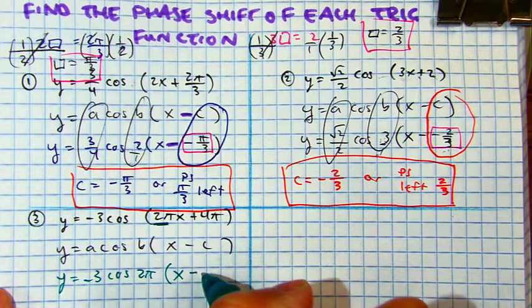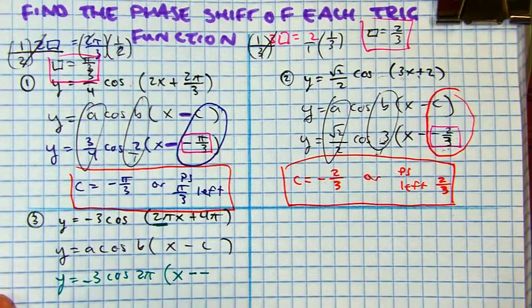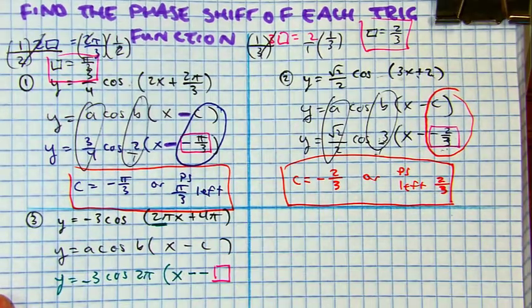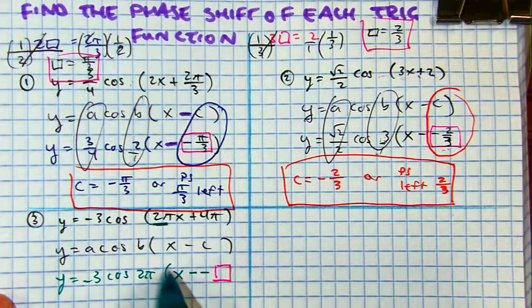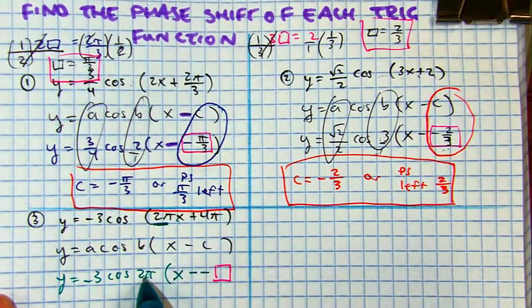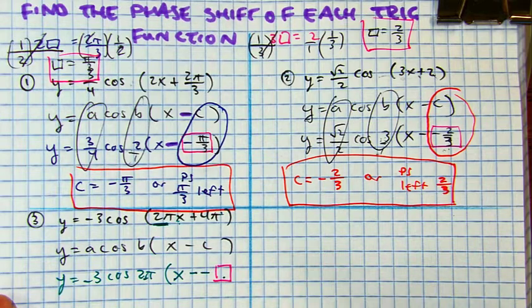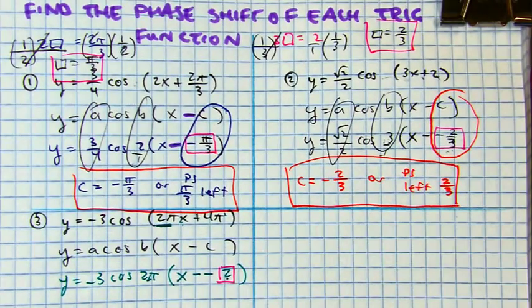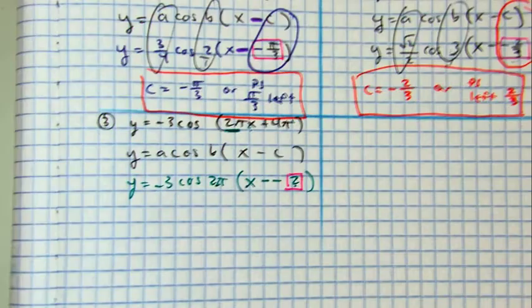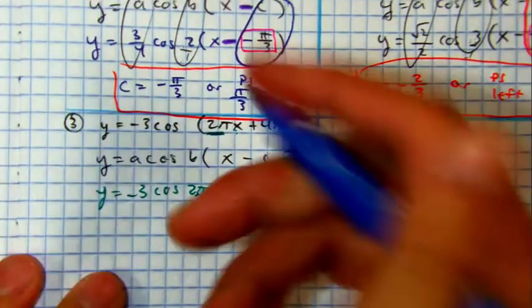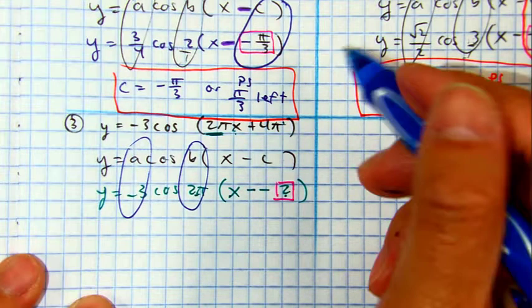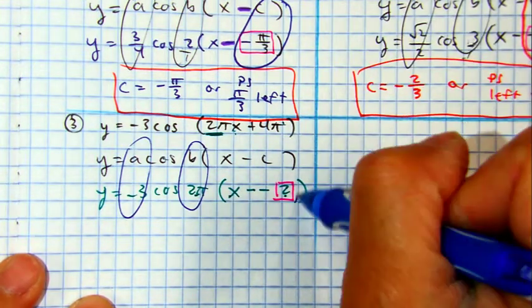Minus, minus. If you need to, you can do this little box thing again. This one should be a little bit easier. 2 pi times x is 2 pi x. 2 pi times this equals 4 pi. What goes there, class? 2. And then you can just identify your letters. A is negative 3, B is 2 pi, and C is how much, class? Negative 2.